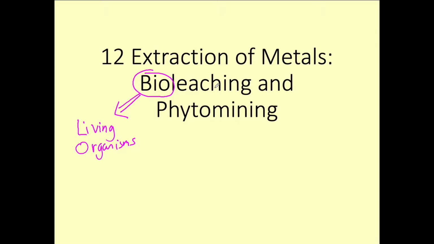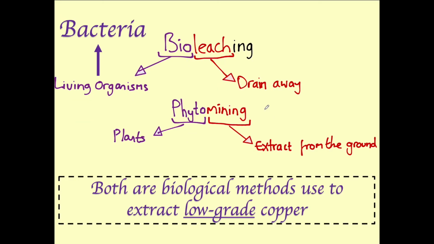So bioleaching is using living organisms to drain away the metal compounds. Whereas phyto, this prefix here, uses a different living organism, plants. So in bioleaching, the living organism that we use is bacteria, whereas phytomining uses plants. And we've looked at mining last lesson, and that was extraction from the ground.